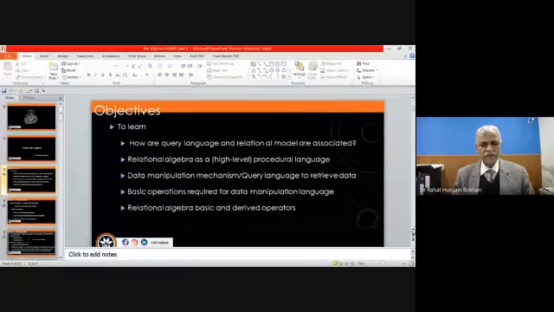Furthermore, we have to discuss the basic operators available in relational algebra. Those are used for manipulating our data. There are the basic operators within relational algebra and derived operators, which I have to explain.